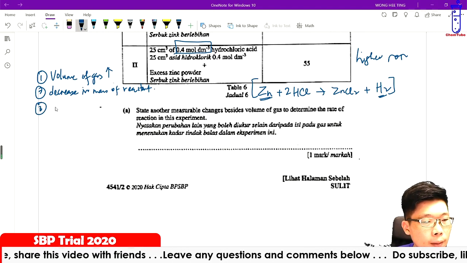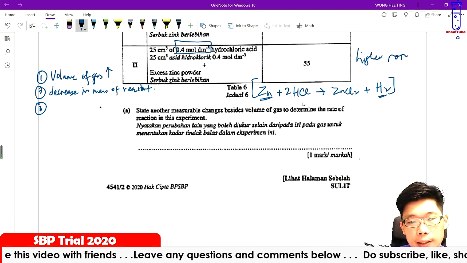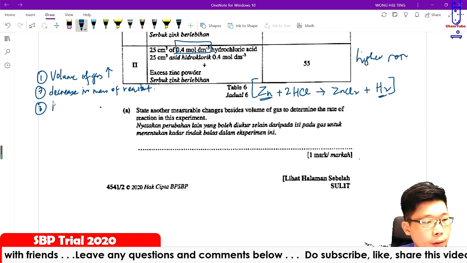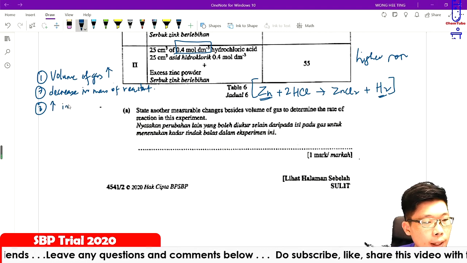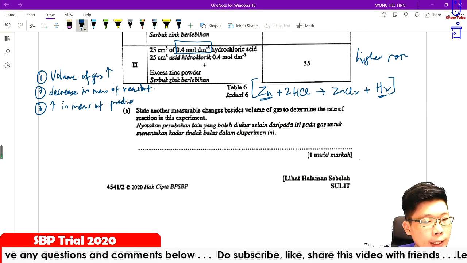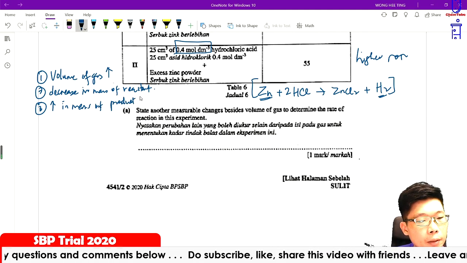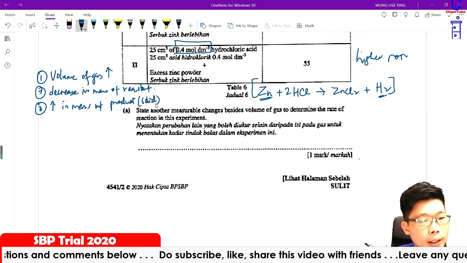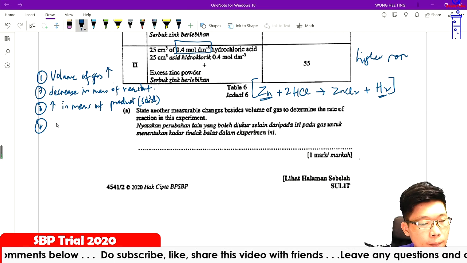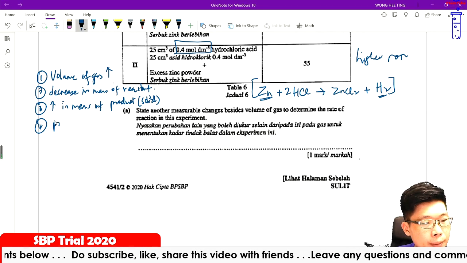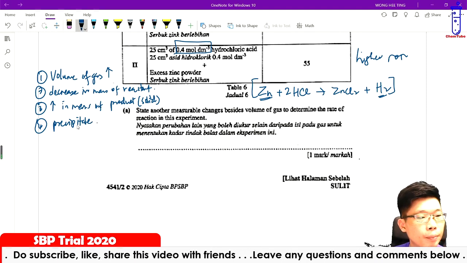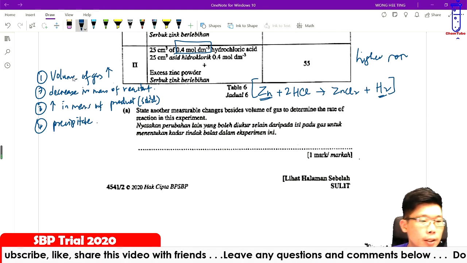Number three, sometimes, in this case we cannot, we can measure the increase in the mass of product. This product will normally be in the solid form. Then number four, we can also use the formation of precipitate. So there are four methods for us to determine the rate of reaction.